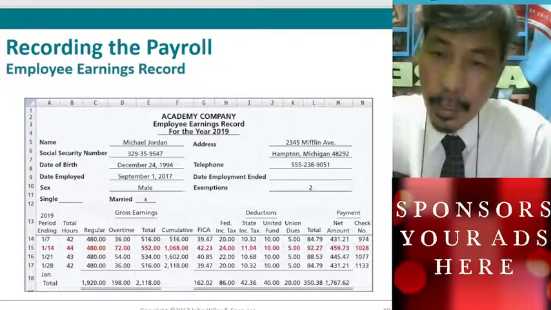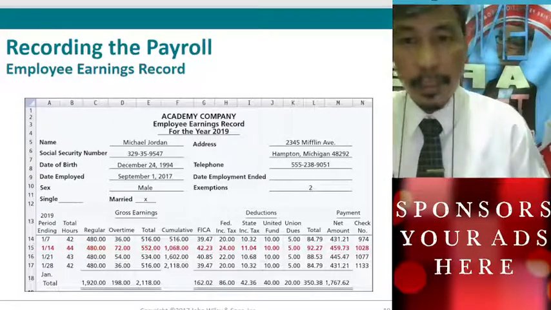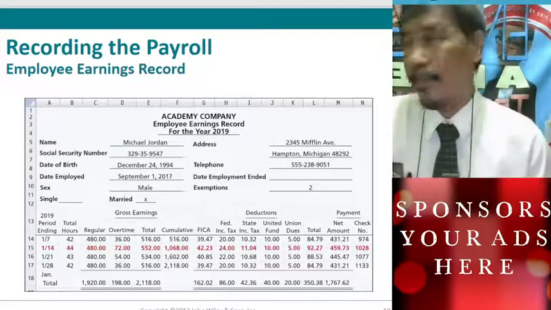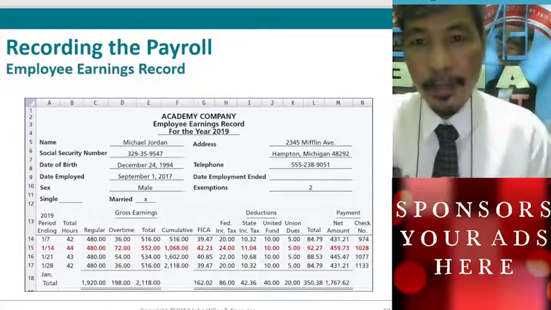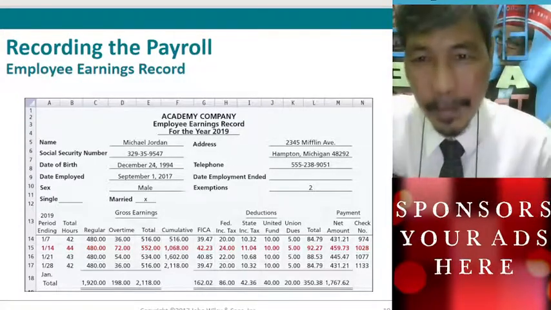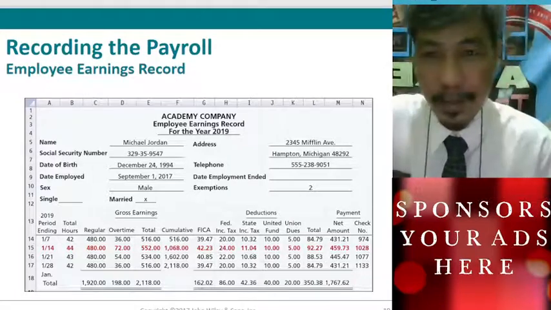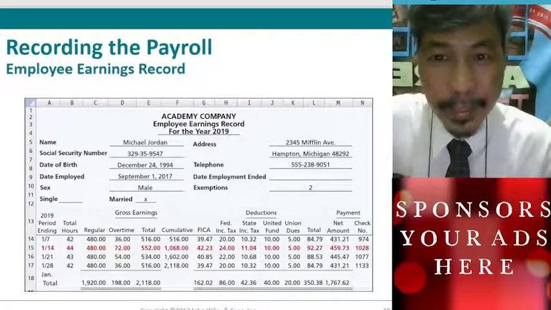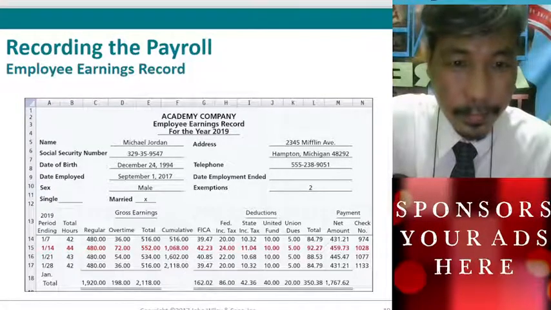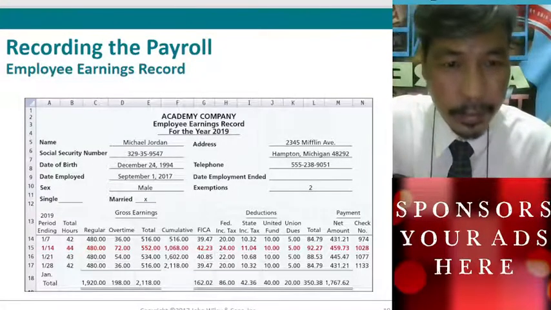Actually I know this, but not personally. I know FICA from several movies. I look at them, they are always complaining of FICA. So not personal, I just heard about it.